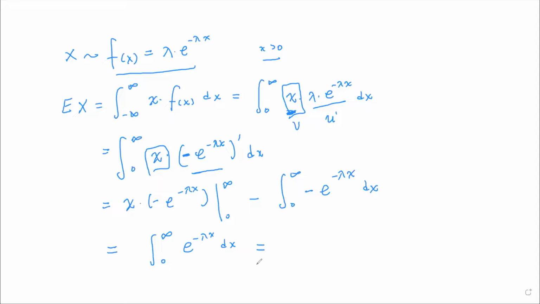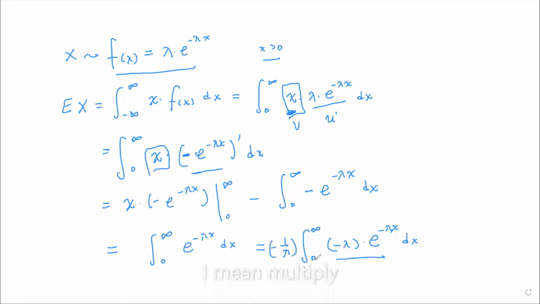We need to make the derivative of negative lambda x, so negative lambda times e to the negative lambda x. I multiply by that to make this the derivative of e to the negative lambda x. And then I need to divide it by negative 1 over lambda.